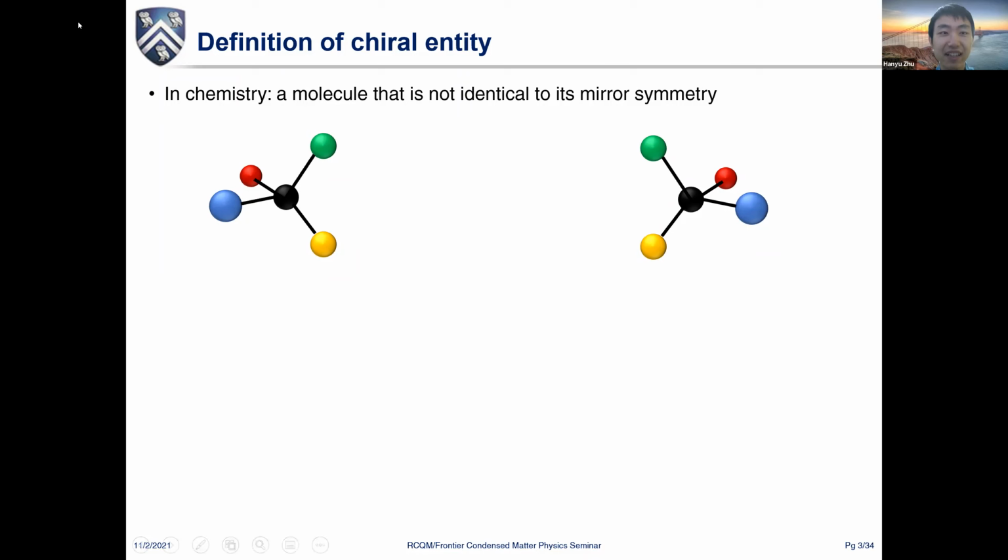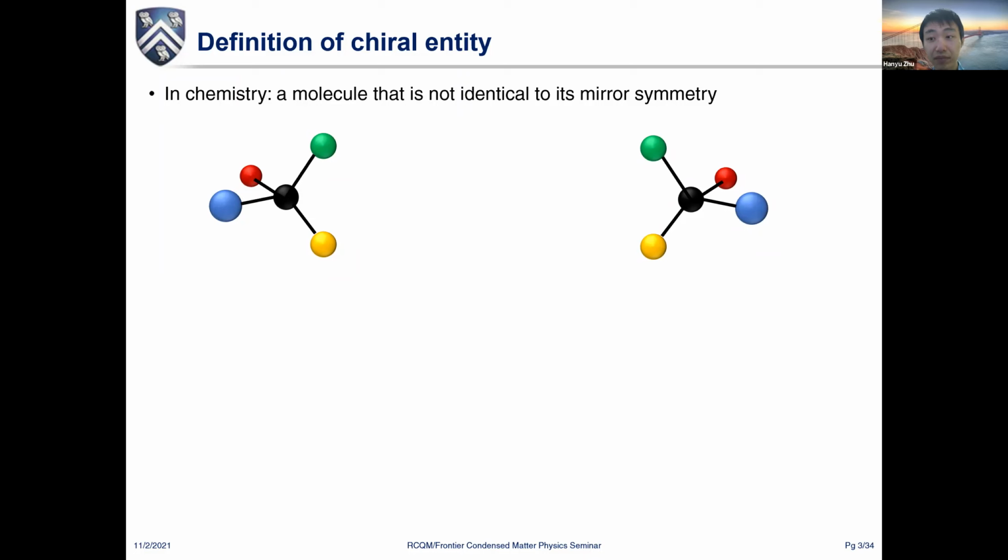All right, thanks. There are actually many ways of defining a chiral entity. Mostly people hear about things being chiral in chemistry and biology, where the molecules are chiral because they break mirror symmetry.